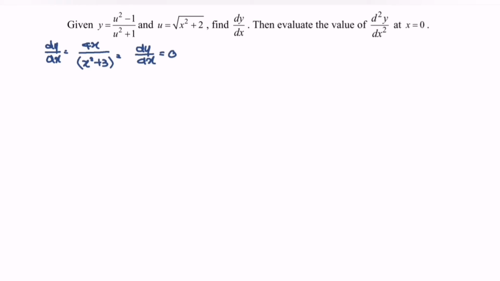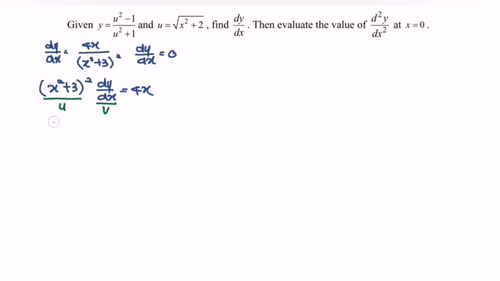So we will have x squared plus 3 to the power of 2 multiplied with dy/dx equals 4x. Next, I'm going to differentiate for the second time to get the second derivative. Let x squared plus 3 squared be u, and dy/dx be v. Now I'm going to differentiate.